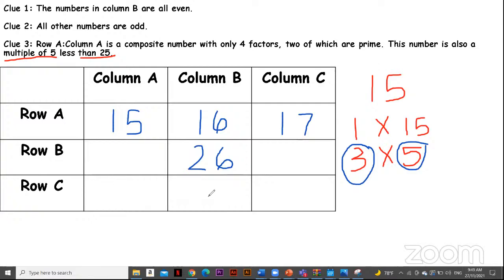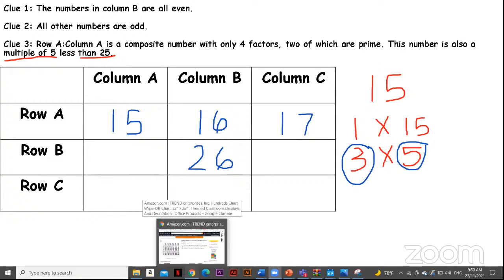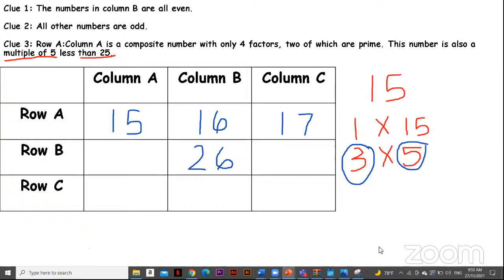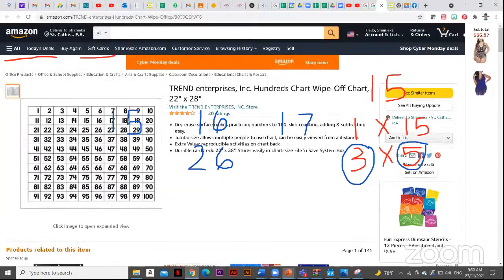All right, so I see Nate saying row B, column B is 19. Let's go back and look at the hundreds chart then. What is happening in this hundreds chart? We were at below 16. This is 16 right here.